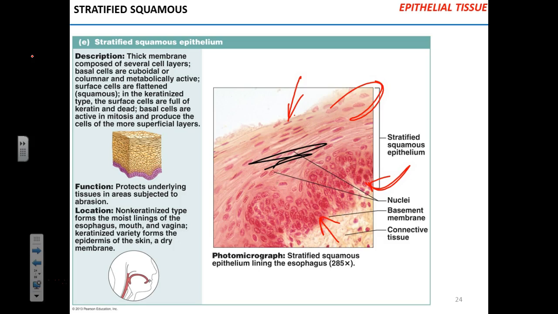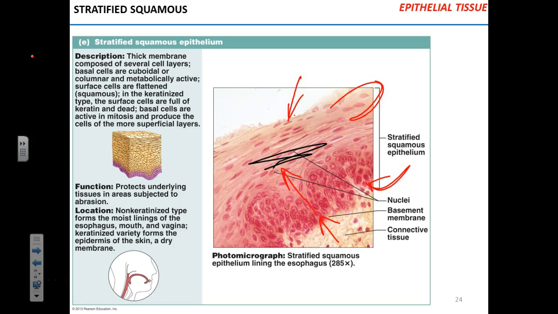Does that make sense? Now, another interesting feature about any stratified squamous epithelium is that not all the cells in that epithelial layer are alive. Only basal cells are alive. They constantly divide and produce new cells, which then migrate upwards, and while they migrate upwards, they die.